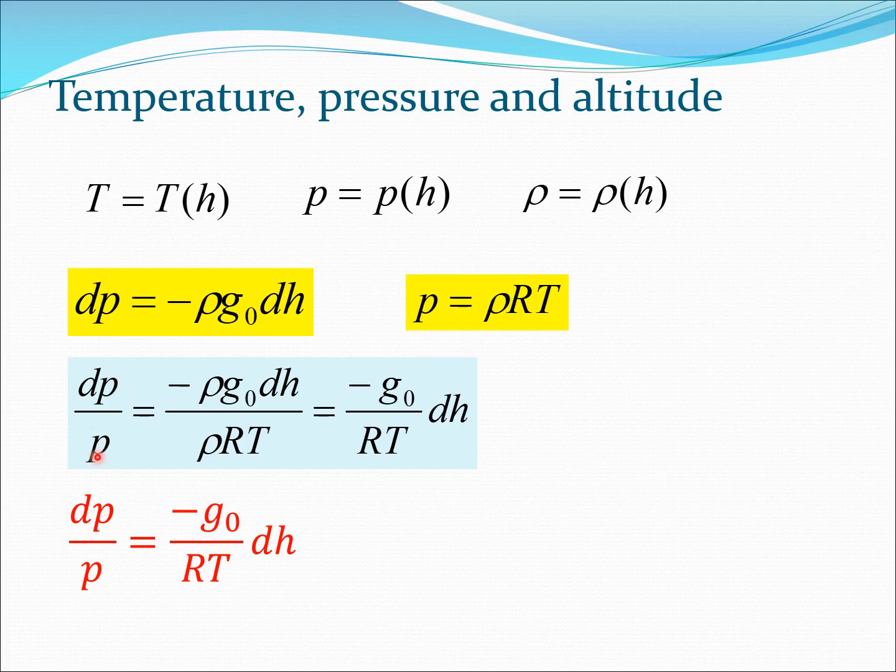So I get dP by P is minus rho g0 dH by rho RT, which gives me minus g0 by RT into dH. This formula is going to be very important, because I am going to get the relationship between pressure and H, and then the relationship between density and H, which is going to give me the exponential atmosphere.